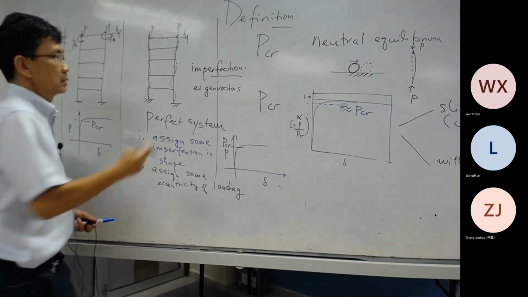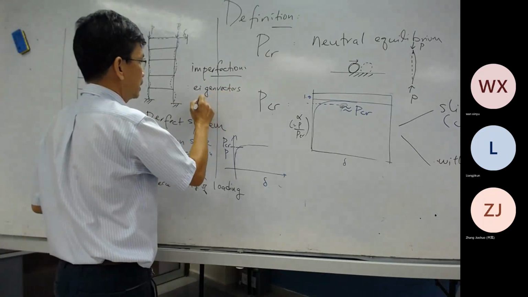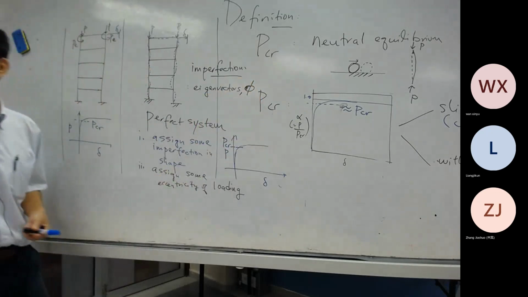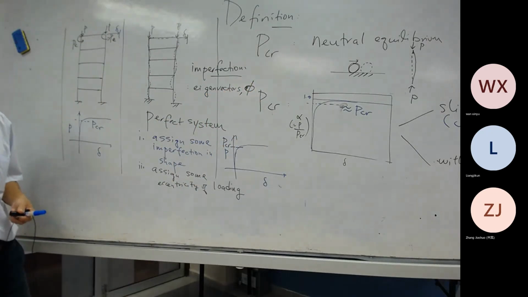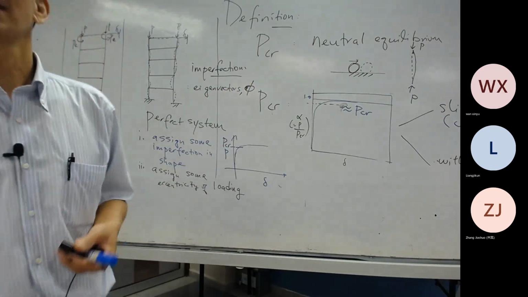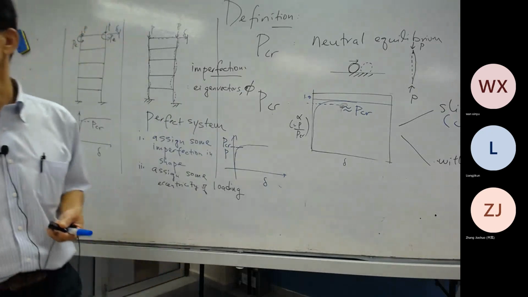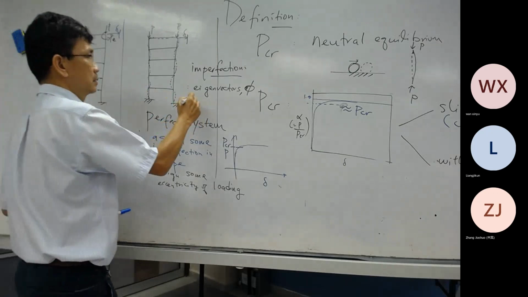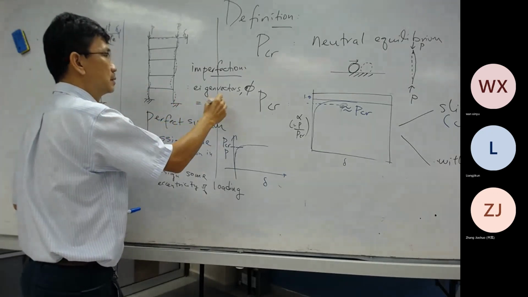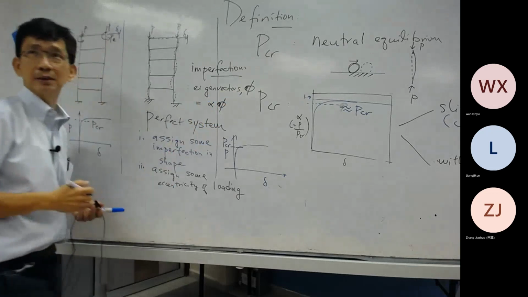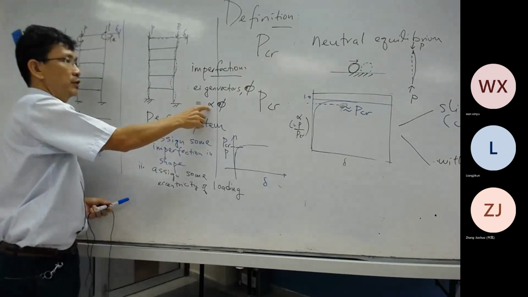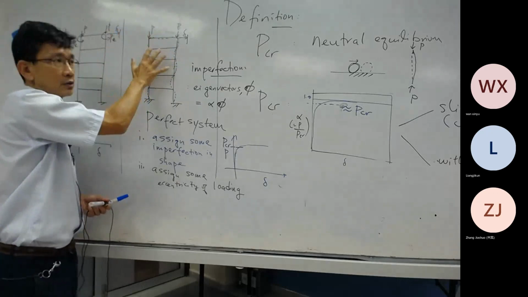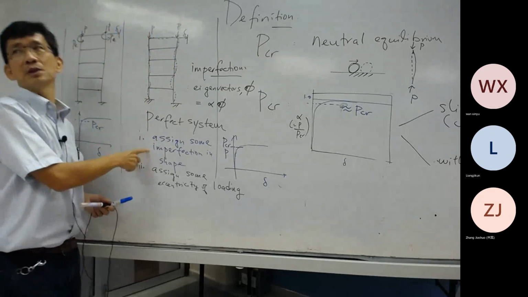Okay. So let's say the eigenvector is given by this vector phi. Eigenvector is like your vibration mode. It gives you the shape. And then you scale it with some small value alpha to get the imperfection that you want, then you superimpose it on the structure to disturb it.